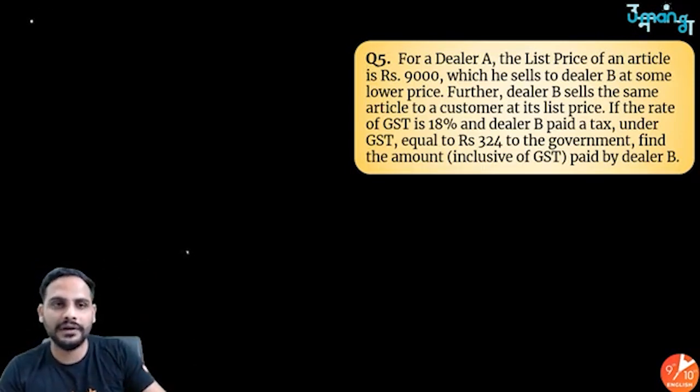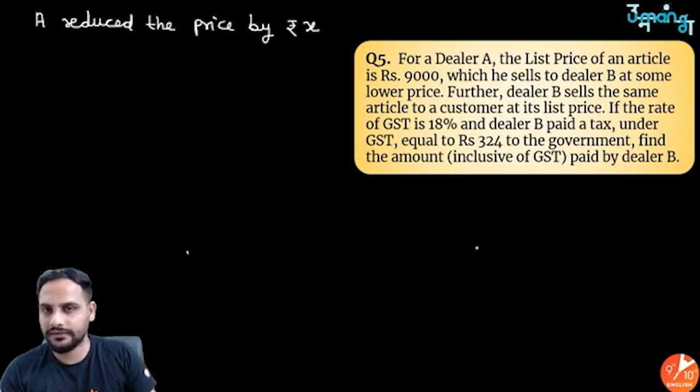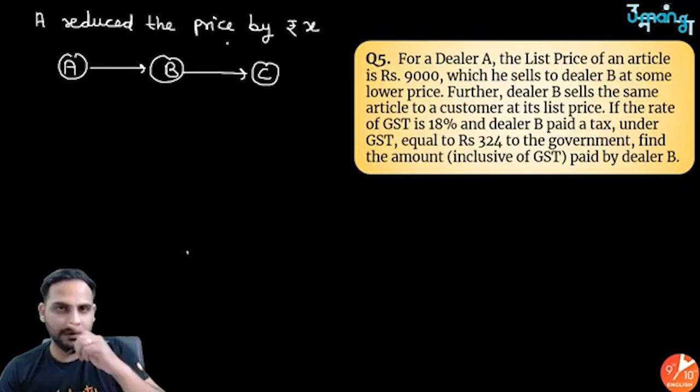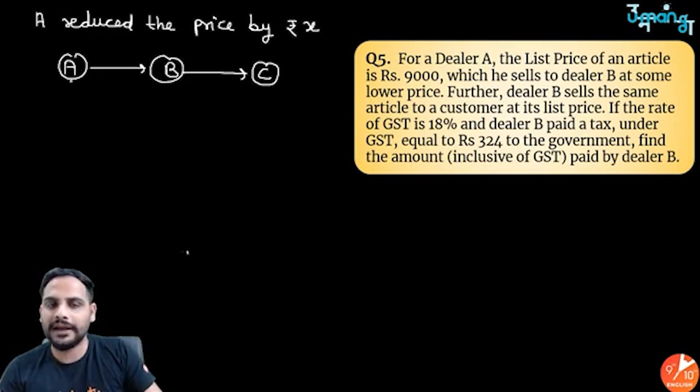So let us say A reduced the price by rupees X. In this transaction, if A has reduced the price by rupees X, the price when B has bought it will be 9,000 minus X. That will be the price, right? And from B to C the price is 9,000. So this is your selling price at each step.